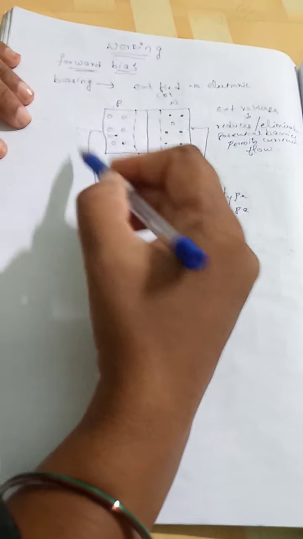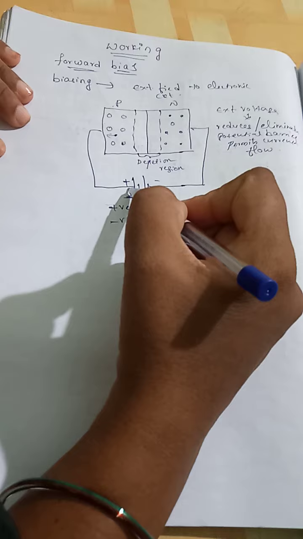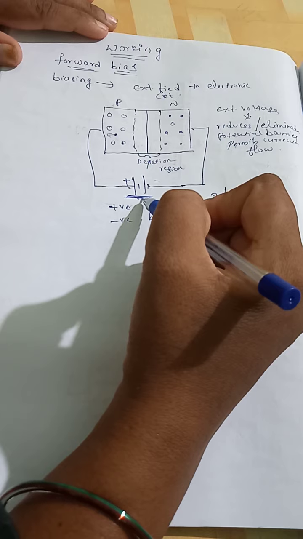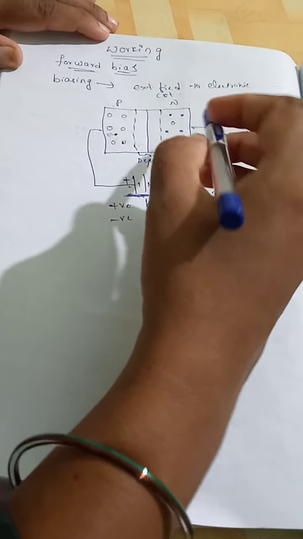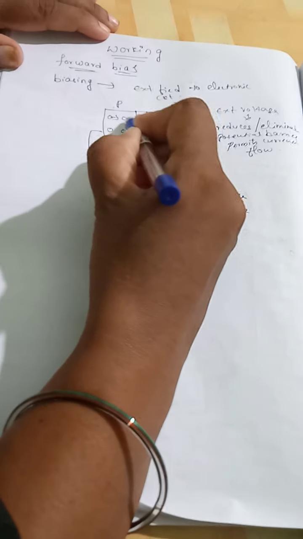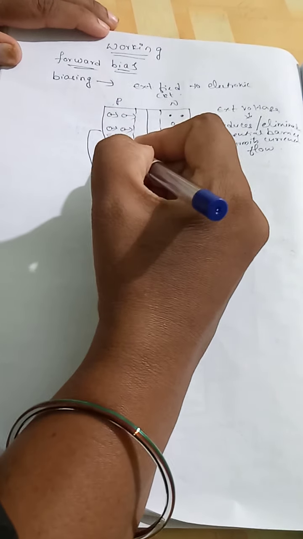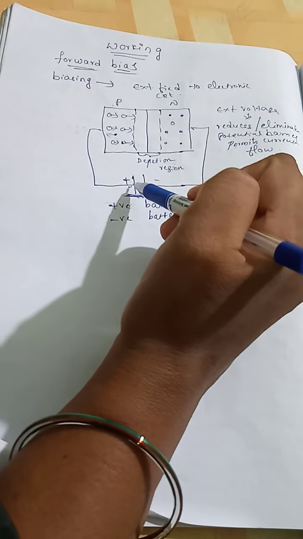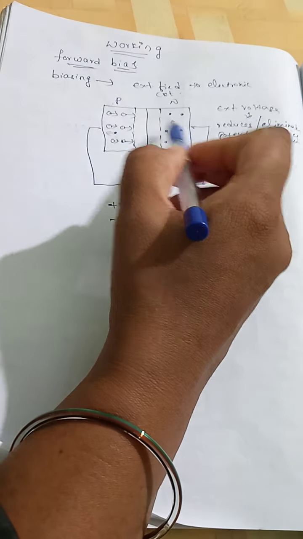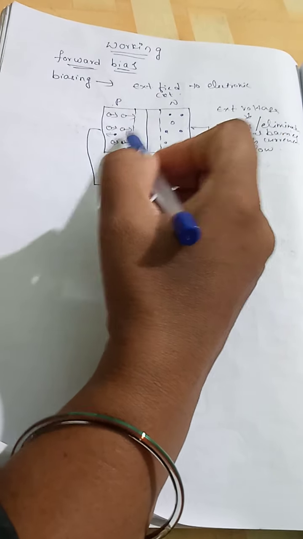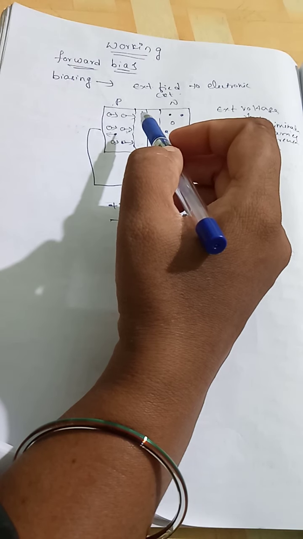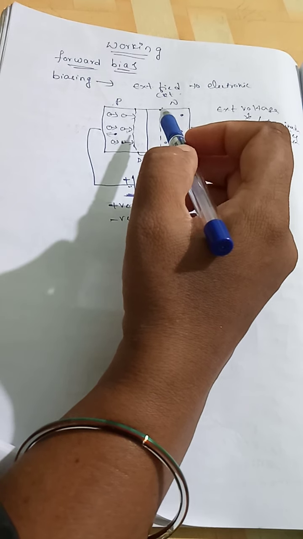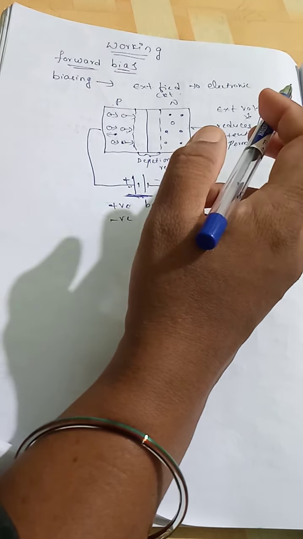These minority carriers are attracted by the positive terminal of the battery, and the majority carriers, the positively charged holes, are repelled towards the junction. Connecting the positive terminal to the P type semiconductor means we are giving additional kinetic energy to the positively charged holes so that they can overcome the potential barrier and enter the N region.